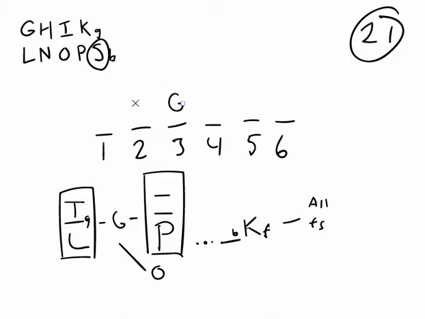So we now have K, I, L. No, that doesn't work because some boy has to be before G, right? So now G is moved to at least the 4 spot. And then we have the IL and the K.